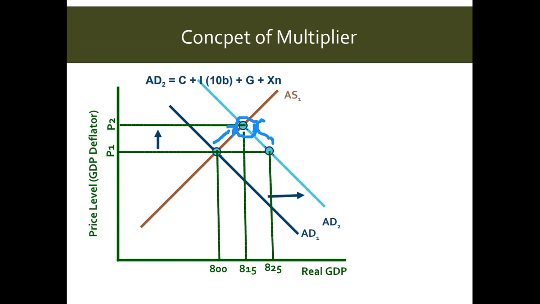This is simply because of the increase in the price level. The increase in price will decrease the demand, and when there's less demand, of course, there's less production. They're not going to produce more than the demand. So they both will move towards a new equilibrium. So that's all as far as the concept of the multiplier is concerned.